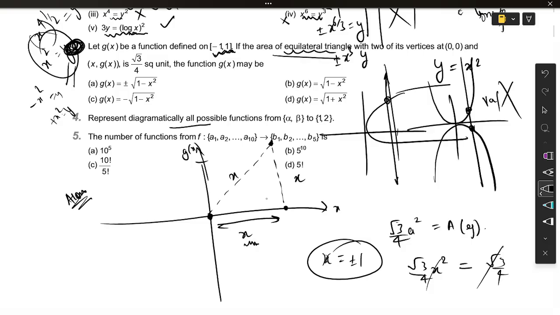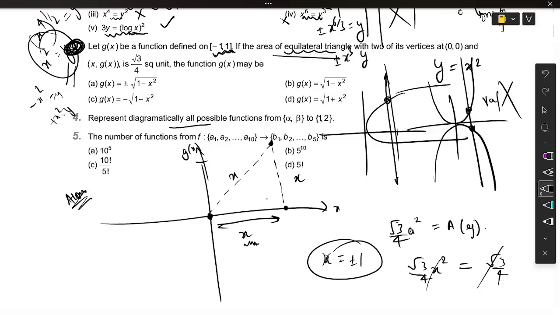Represent diagrammatically all possible functions from {alpha, beta} to {1, 2}. Whenever we write in these curly brackets, we mean individual elements, not an interval. For an interval we use other brackets, but curly brackets mean only discrete numbers, as it's called in mathematical language.